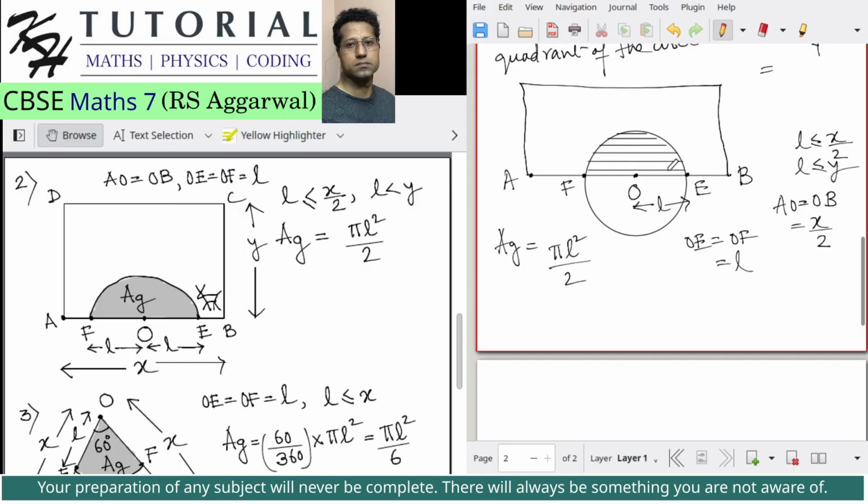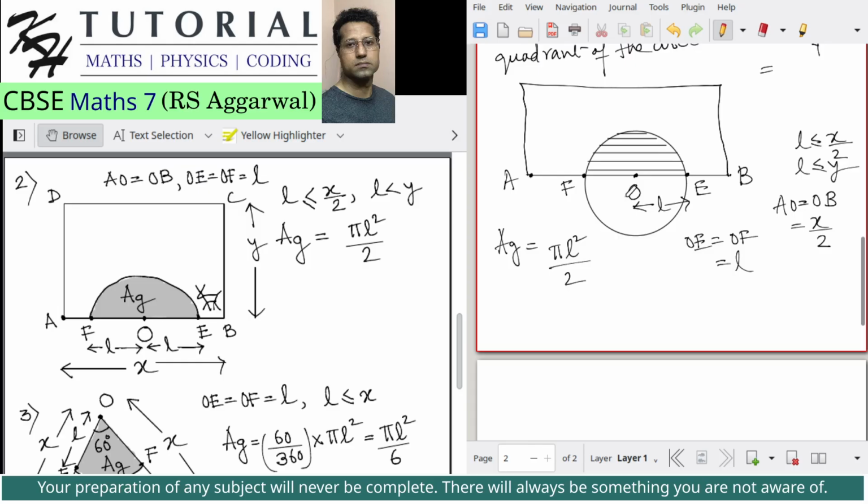Then also the length of the rope has to be less than equal to y, that is the breadth of the rectangle. Then the maximum area over which the animal can graze will be pi L square by 2. Okay, so this was one scenario.